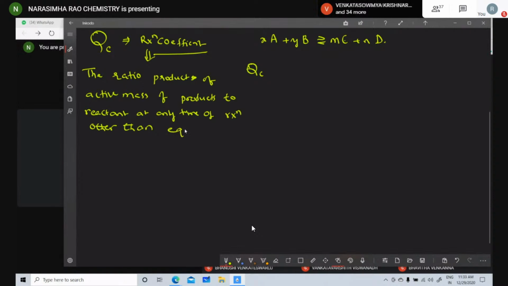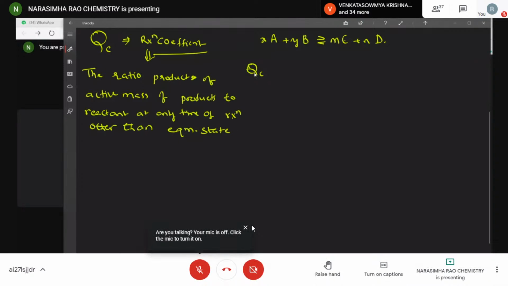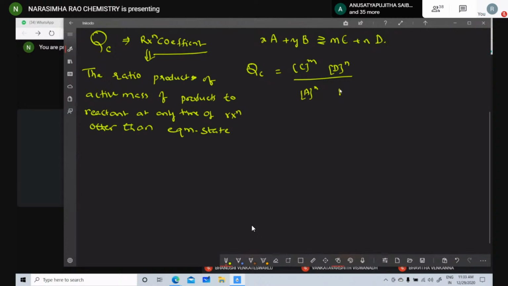Means it is the ratio of the active mass of products to reactants: active mass of C power m into active mass of D power n upon active mass of A power x, active mass of B power y.